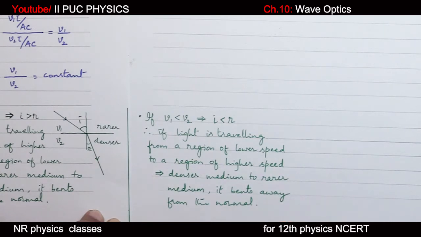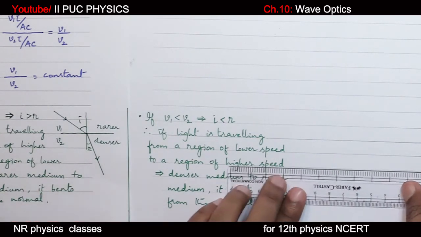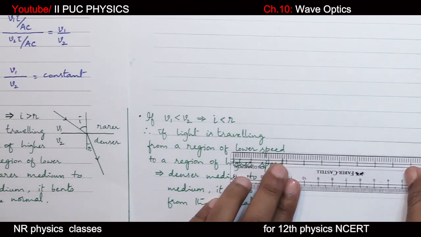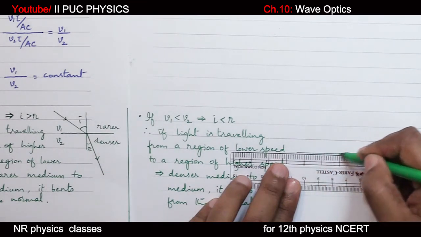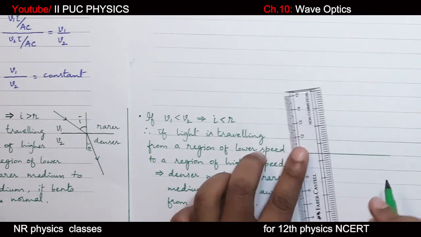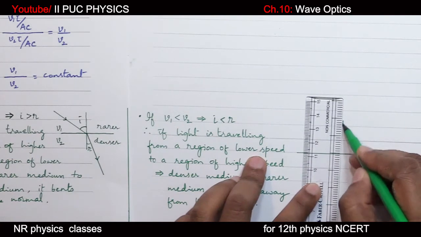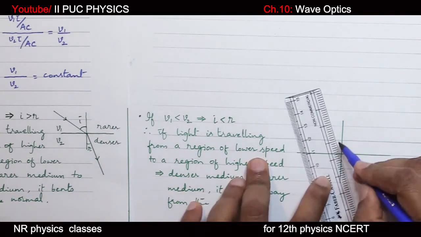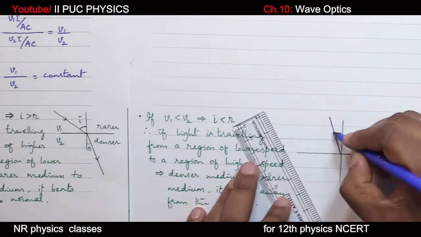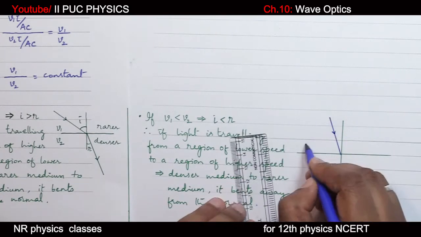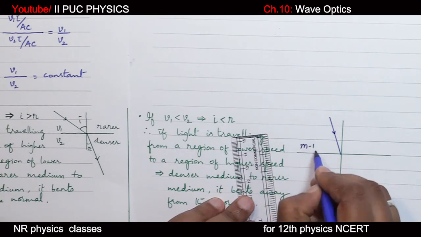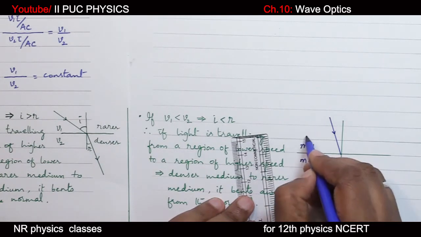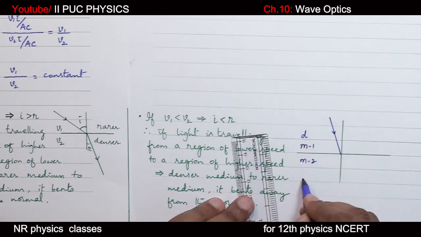Let us check this. This is the incident, this is the interface, normal. Let this be the incident ray. Medium 1, medium 2. This is denser medium, rarer medium.